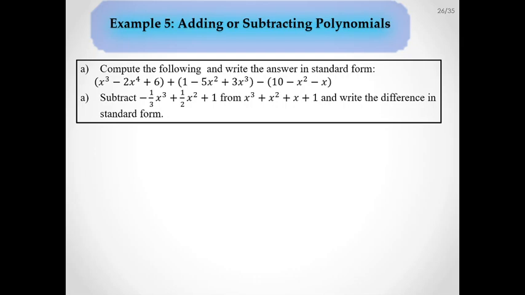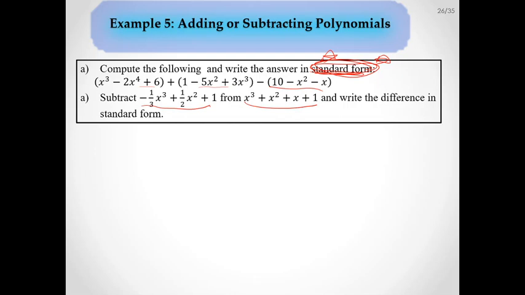Let's look at this example. Compute the following and write the answer in standard form. Okay, so standard form, this is an important phrase here. Let's do this addition and subtraction. And also it says subtract from.